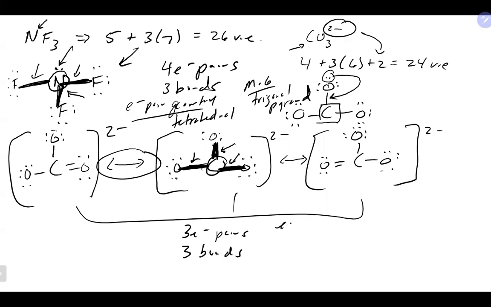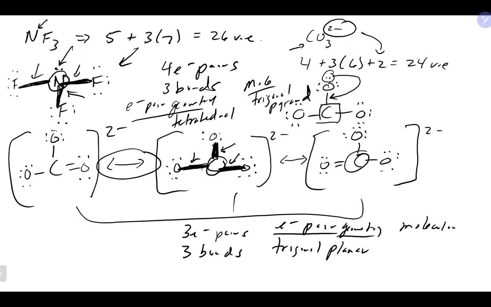So the electron pair geometry for this guy would be trigonal planar. And because there's no dots around the central atom, it would also be the same name for the molecular geometry, which would also be trigonal planar. Questions on that there? Okay.